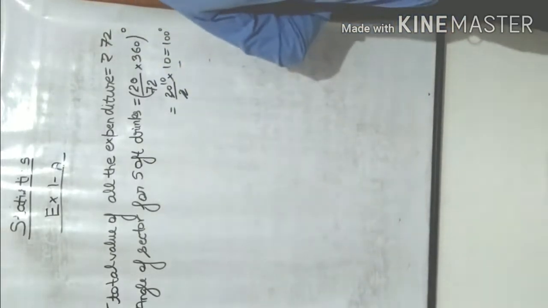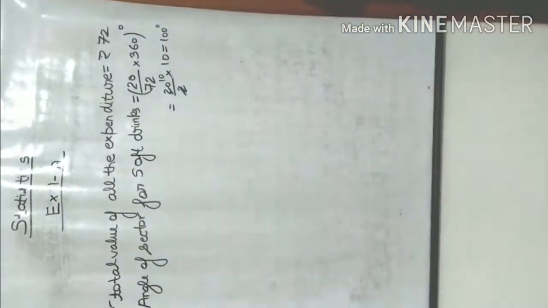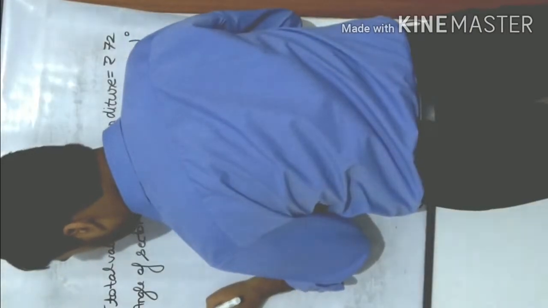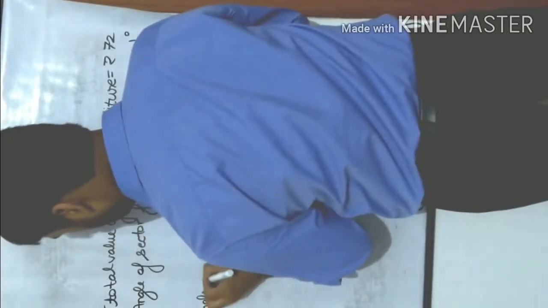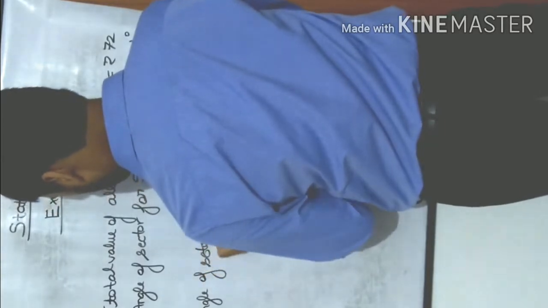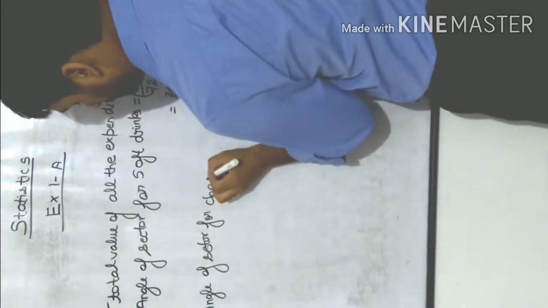Then next is for which head he is spending the money. Next is for chocolate. So write here angle of sector for chocolate.